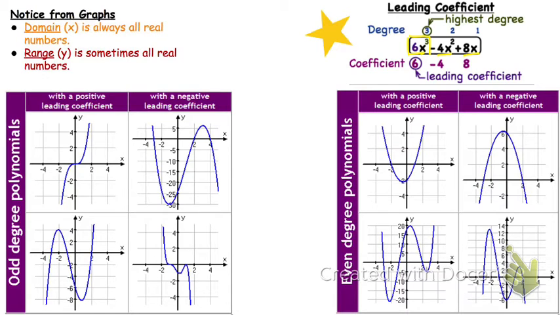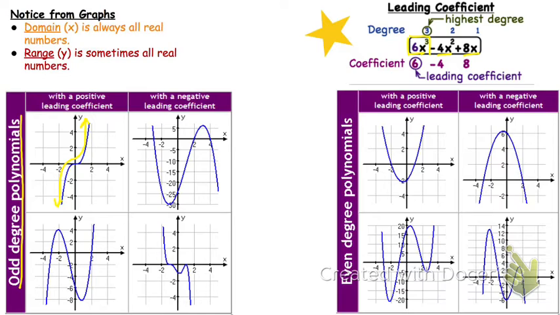So let's talk about the degree. So we look at that highest exponent. If that degree is an odd number, like ours, then that means that when you're looking at the graph, think of the end behaviors, like where it starts and where it ends when you look at the graph and read it from left to right like you read a sentence. So if you look at the first one here, we're starting from -infinity, you curve, and then you go up to +infinity.